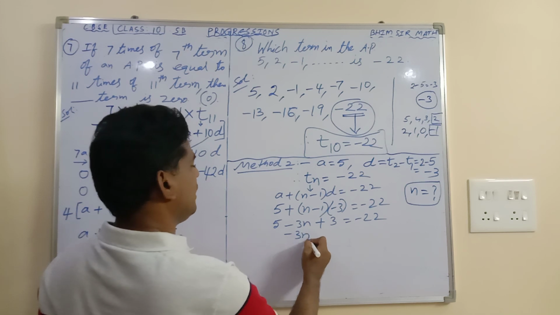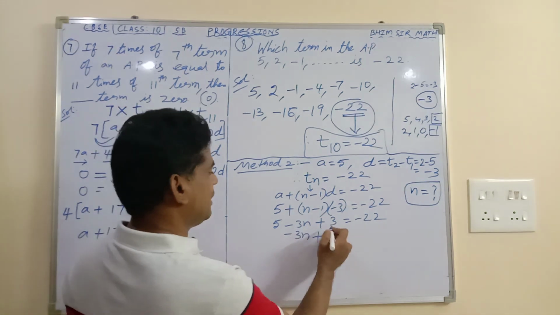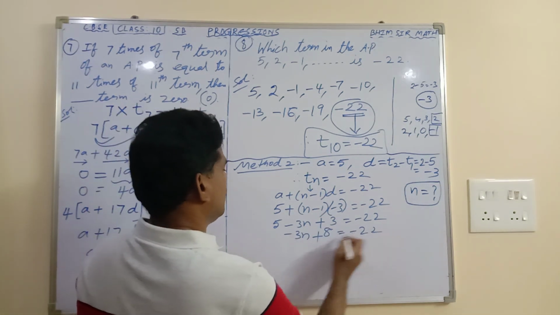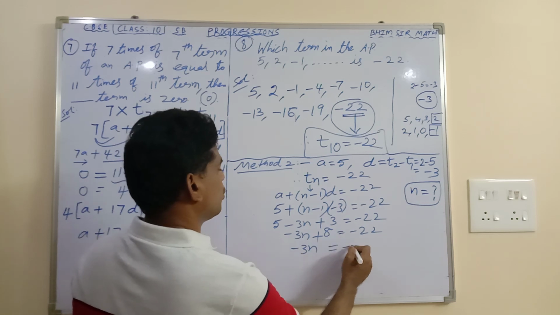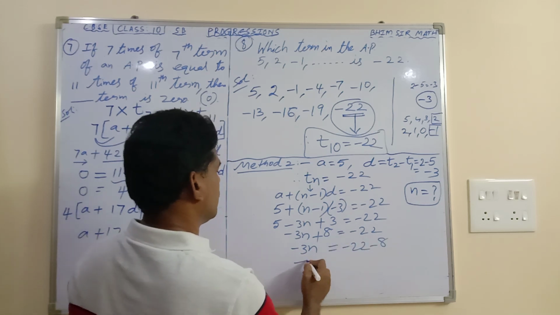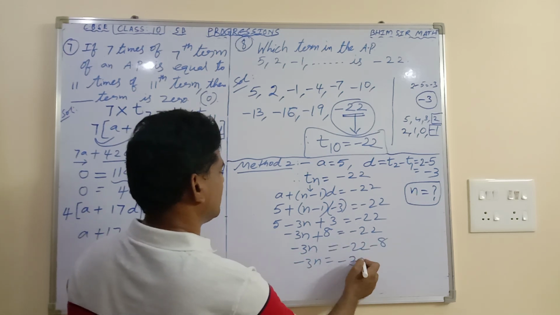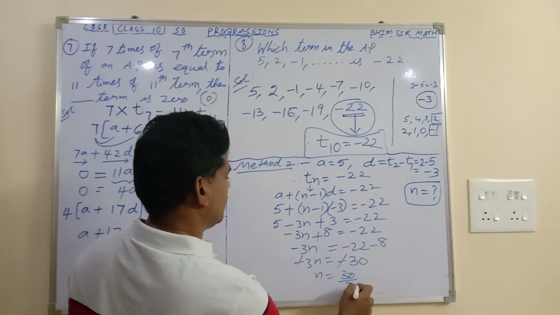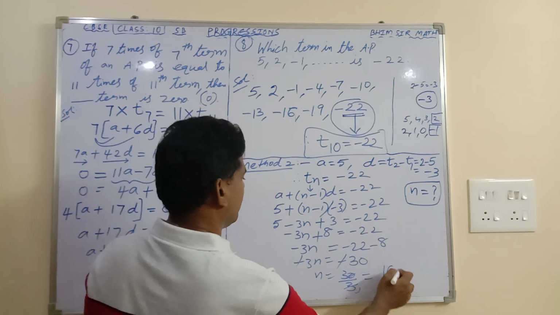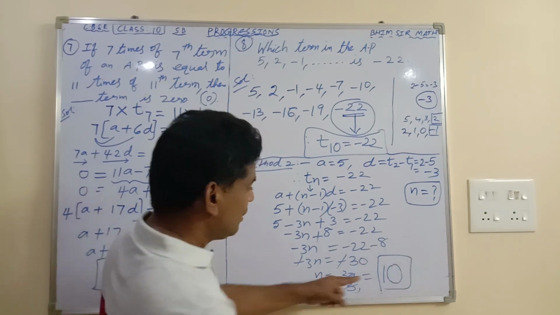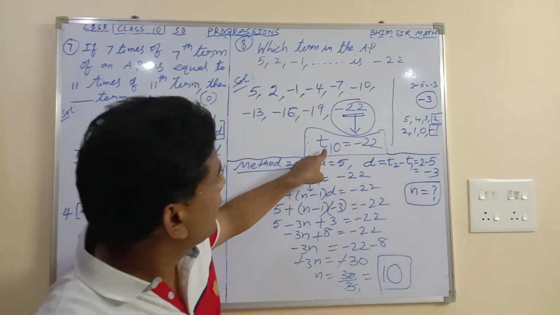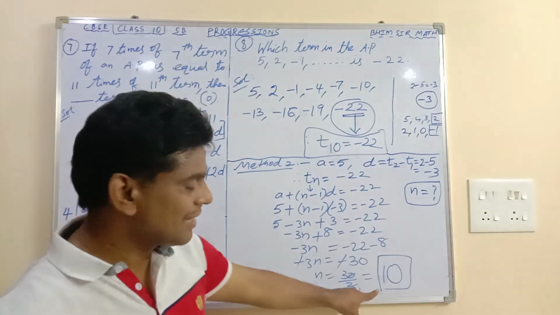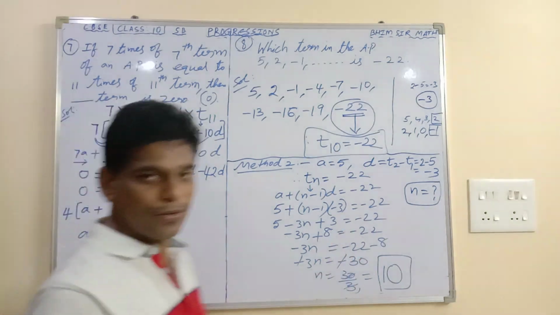So minus 3n plus 5 plus 3, which is 8. So minus 3n equal to minus 22 minus 8. This is minus 30. Minus cancels. N is 30 by 3, so n value is 10. We know that here also n is 10, so the 10th term is minus 22. Right.